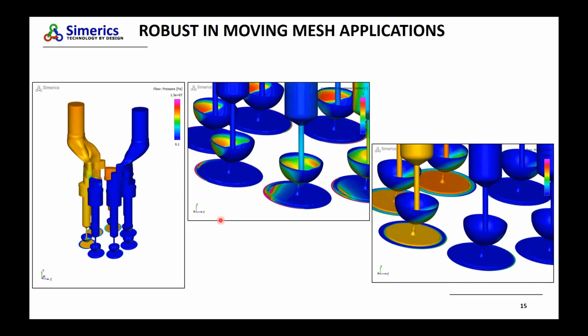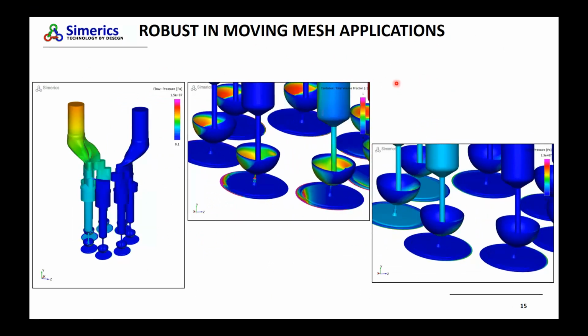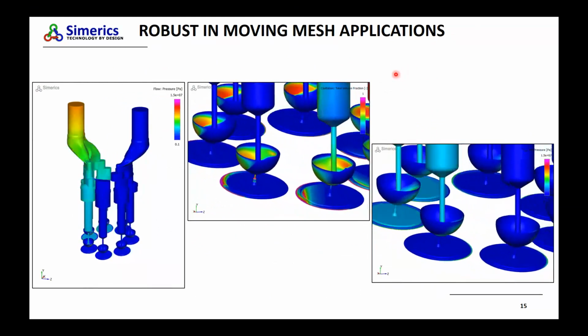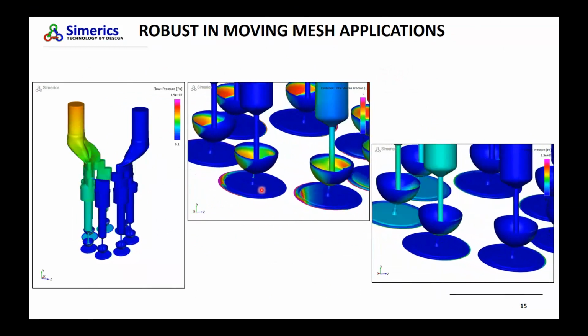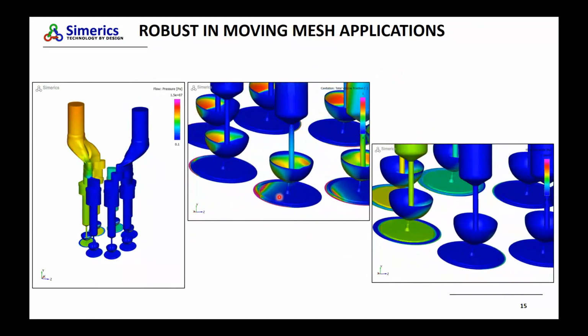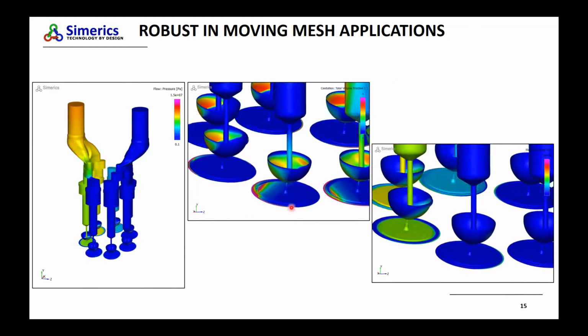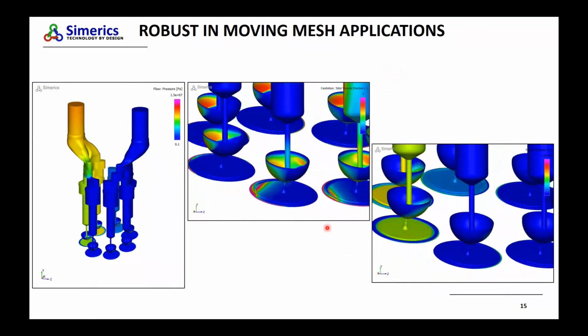We also have multiple applications where we have run these moving mesh capabilities. So you can see essentially how we can capture these bubbles even in a very small gap. These are the shoes inside this piston pump, and even in the small clearances, we can capture these cavitation bubbles happening.